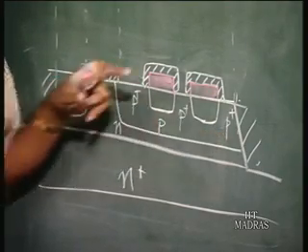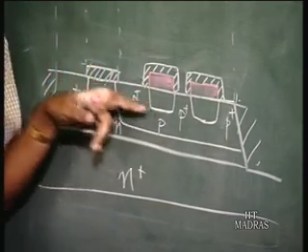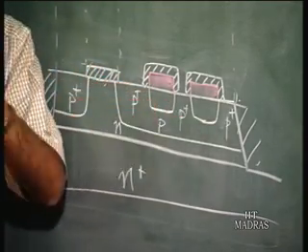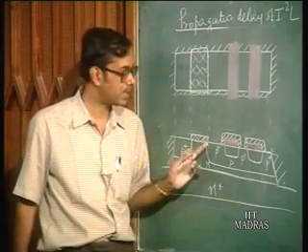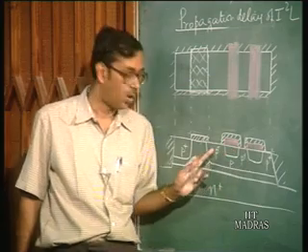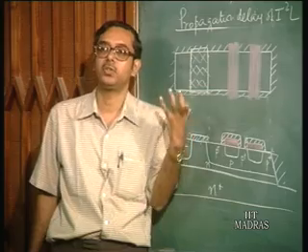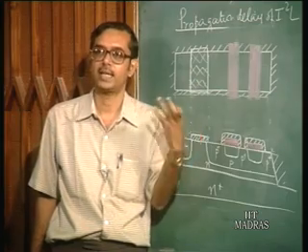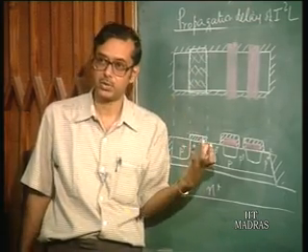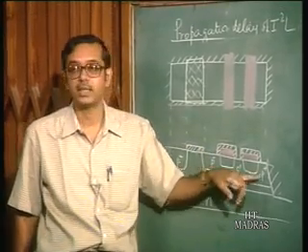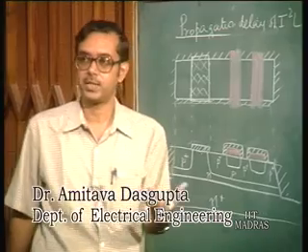So what is the idea? The idea is, number one, you are going to reduce the series resistance. These p plus extrinsic regions are not taking part in any device action or device operation, so we must reduce the series resistance. Also, if you have a p plus region, the stored charge in those regions is going to be less, because the stored charge is proportional to ni squared by n.